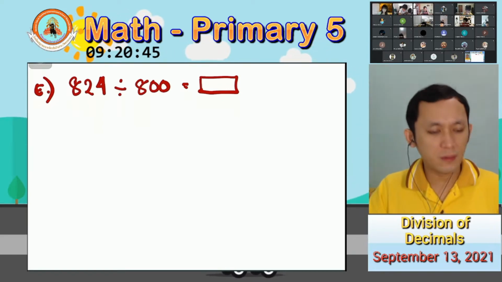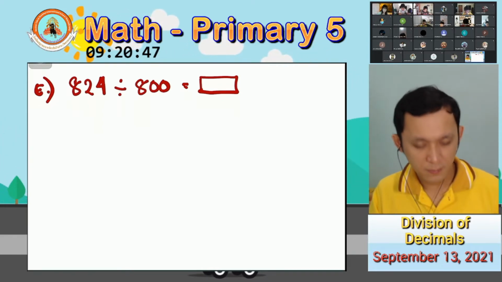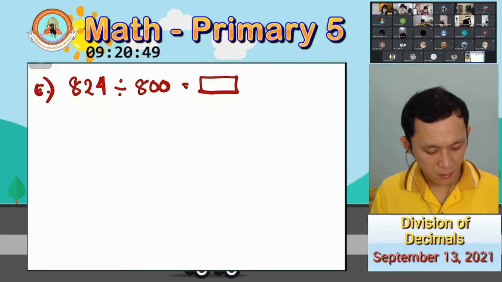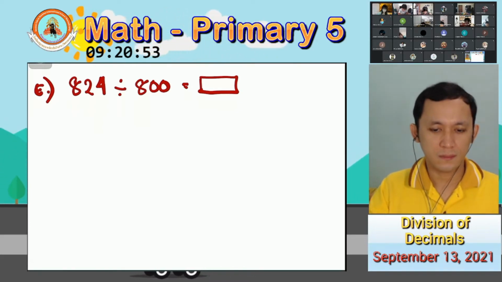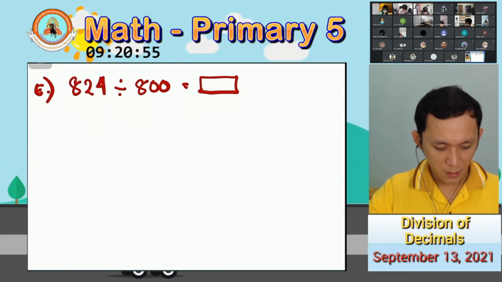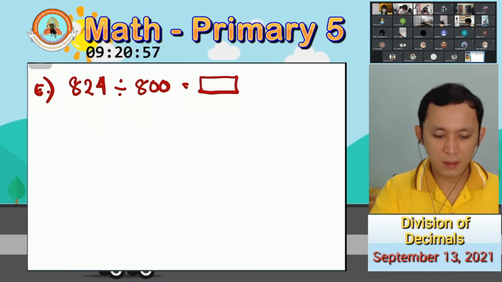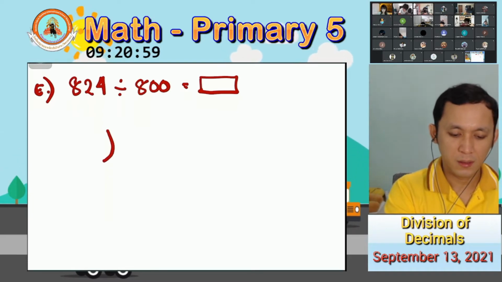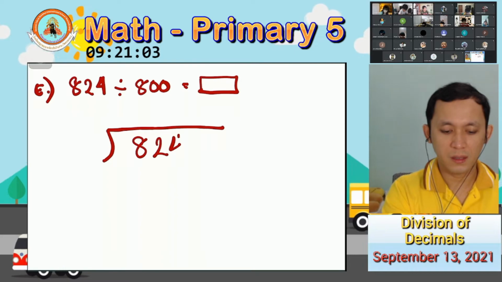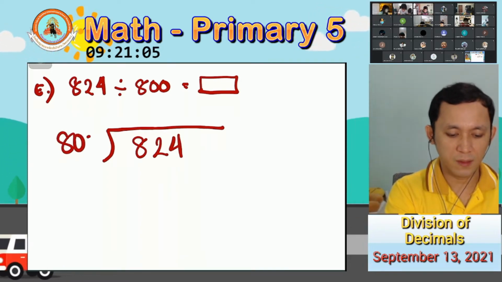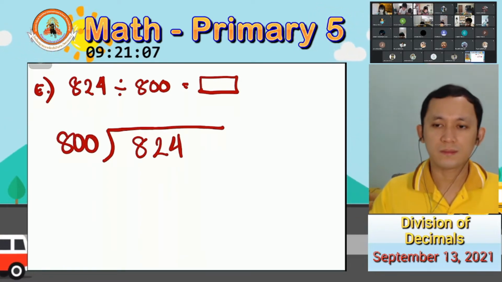What letter are you now? Letter C. Okay, good. Now we have here letter E. The same. We have dividend inside, 824, and divisor outside, 800.